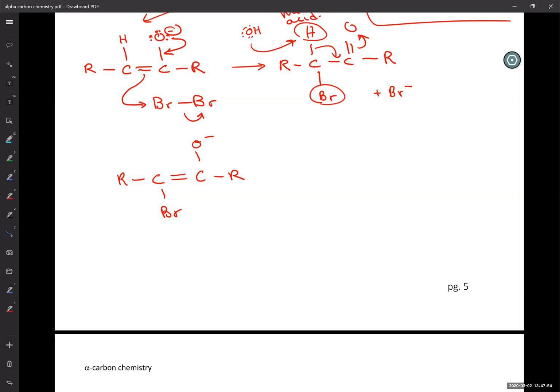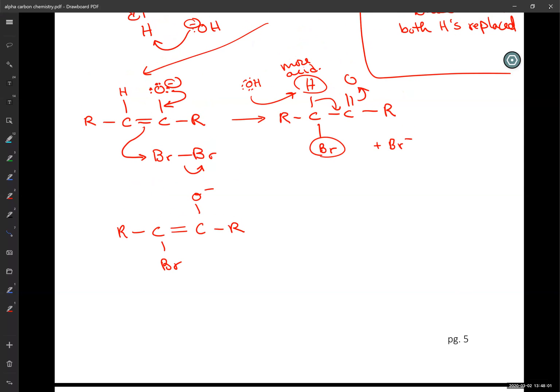Does that enolate come from the resonance structure? No. This one comes from this. It can be just one step. I was just saving time by not putting a pair of electrons. So, second bromine, Br.